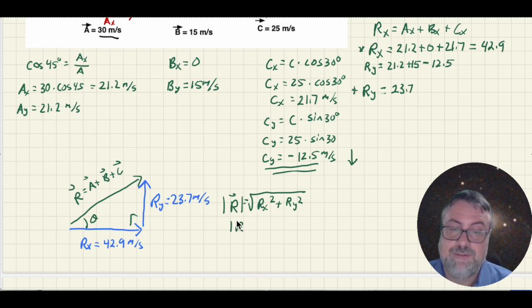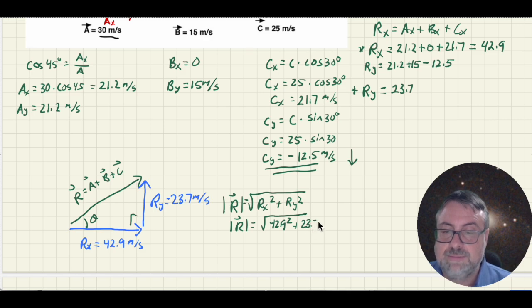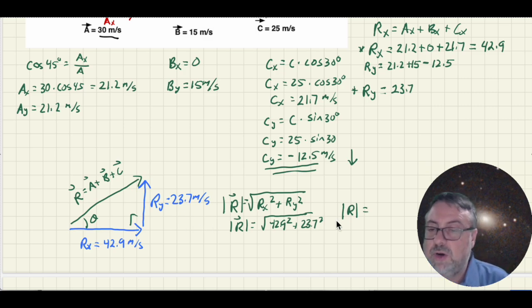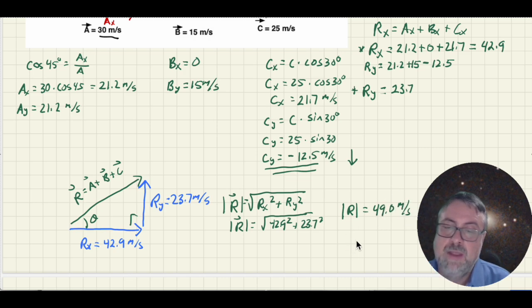So the size of R is equal to the square root of 42.9 squared plus 23.7 squared. That works out to be 49.0 meters per second.